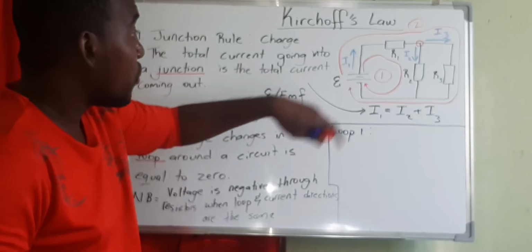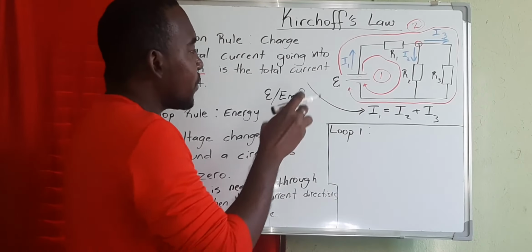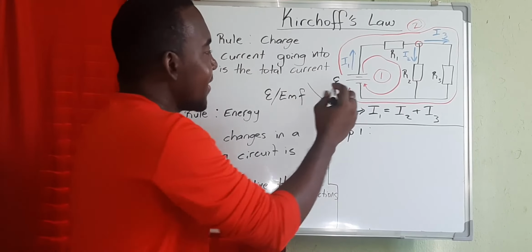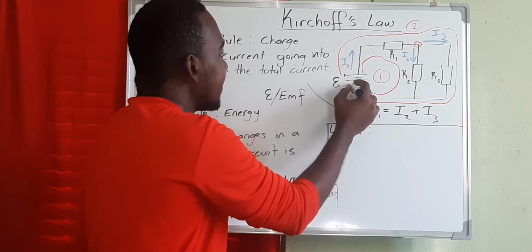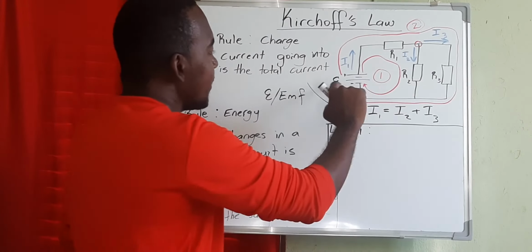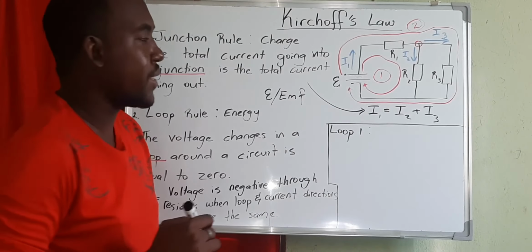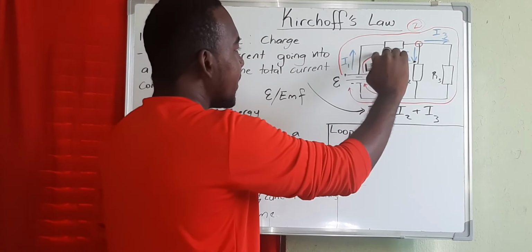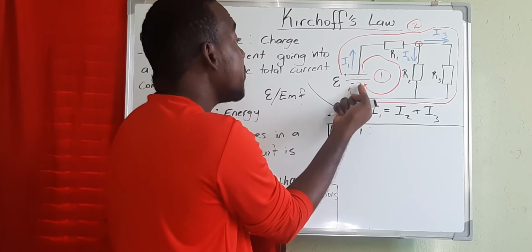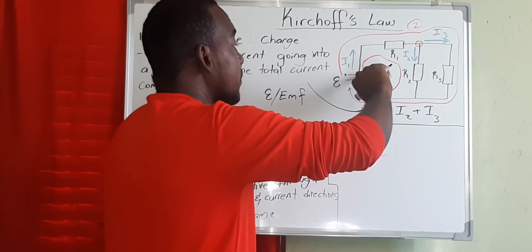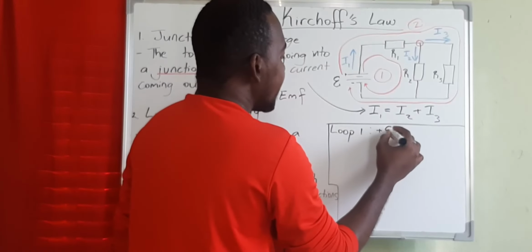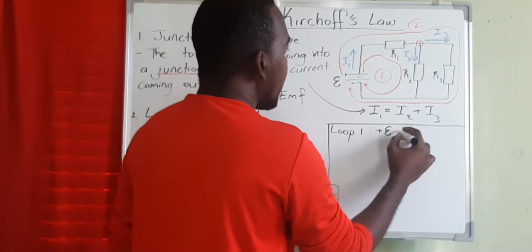To find the sign of the voltage from your battery, we use these lines on it. Remember, the long line means the positive side, the smaller one means the negative side. If we look at loop 1, it leaves from the positive and comes through the negative. That means we're starting from a positive sign, so we have a positive epsilon.